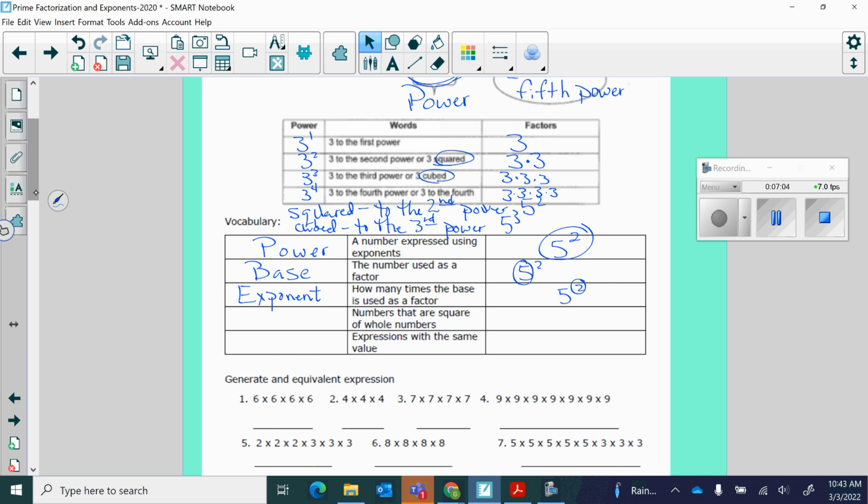Now here's one we haven't talked about yet, numbers that are squares of whole numbers. In other words, when I multiply a whole number by itself, that answer is what we call a perfect square.